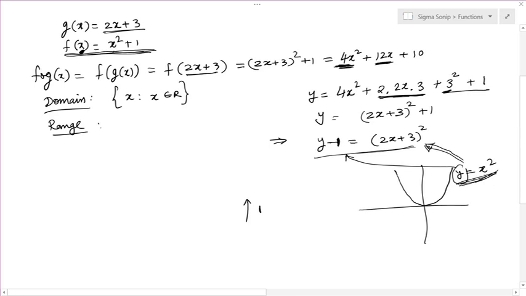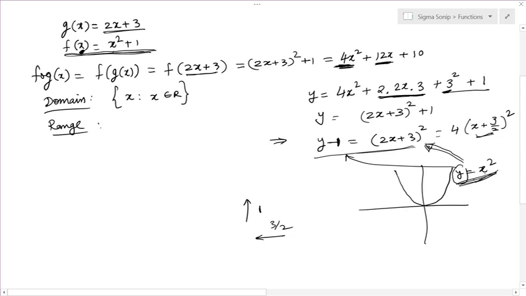And the second thing is I see that I'm replacing x with 2x plus 3, which I could write as, oh sorry, let me correct that. It is 4x plus 3 over 2 whole square. So what I'm doing is I'm replacing x with x plus 3 over 2, which means that my graph should move left by 3 over 2.